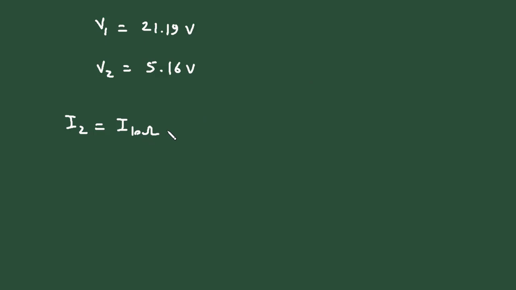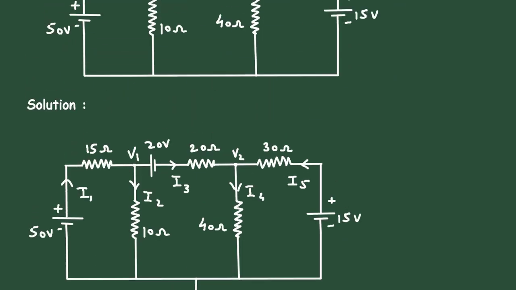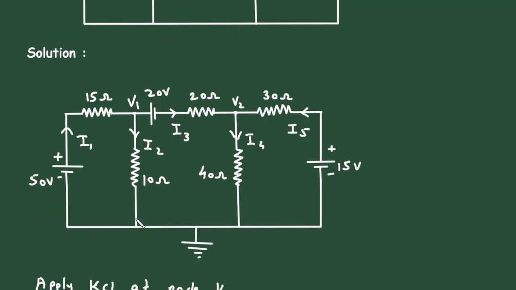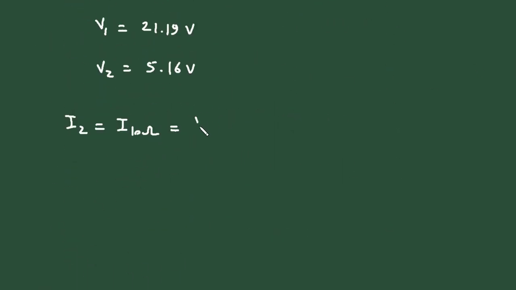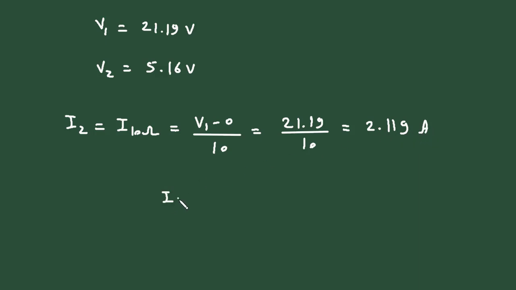So I10 ohm is equal to (V1 minus 0) divided by 10. The value of V1 is 21.19, divided by 10, so it will be 2.119 ampere.